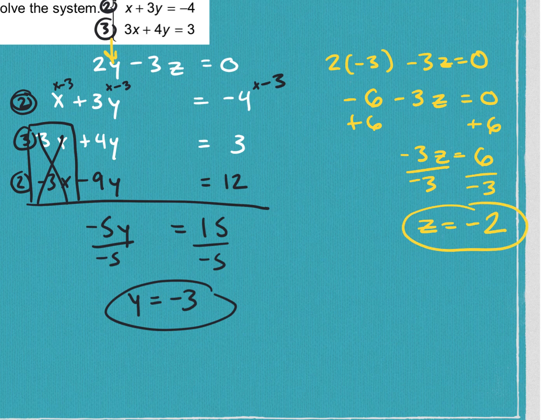And now how can I find x? I can just plug in y to the third one. That works. So I have 3x plus 4, what's y? Negative 3. Negative 3 is equal to 3.